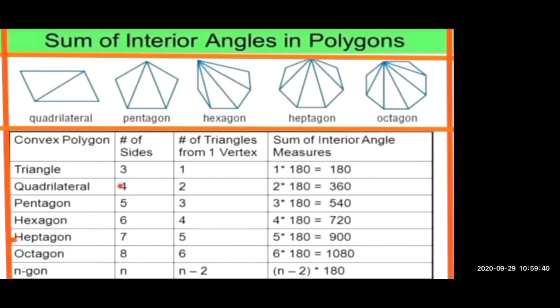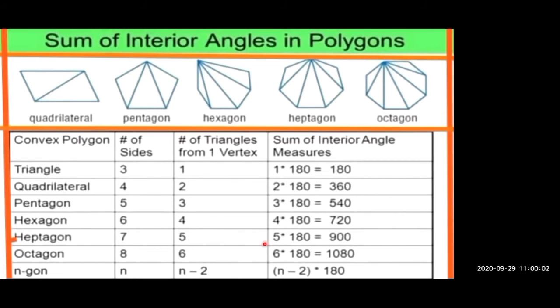In hexagon, 6 sides are there and 1, 2, 3, 4, 4 triangles are there. Therefore 4 into 180 equals 720. In heptagon, sides are 7. From one vertex, 5 triangles are formed.